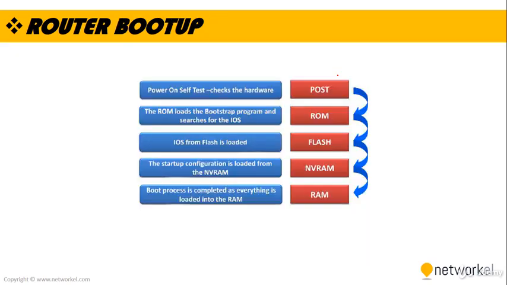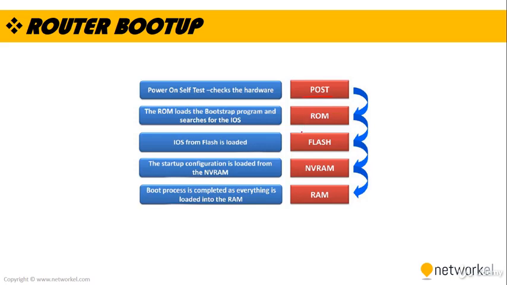So, how does a router boot up? Let's take a look at this. The first thing when the router is booting up is the power on self-test. On this step, the hardware is being checked.